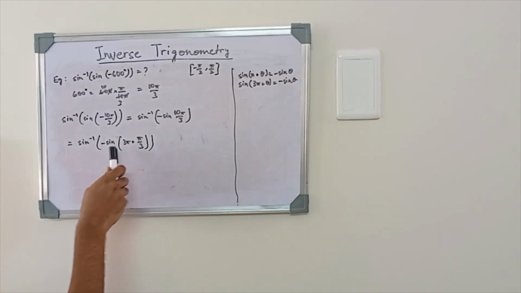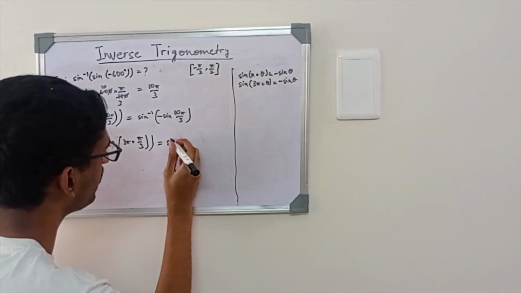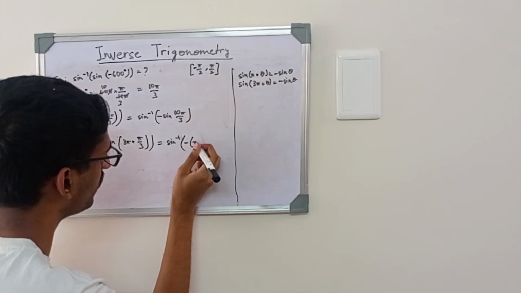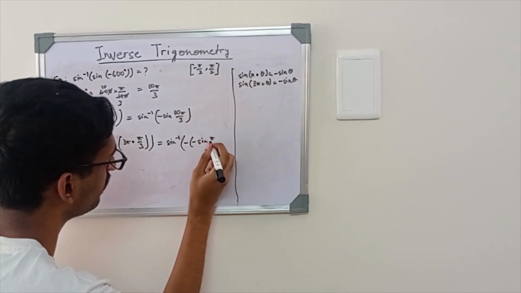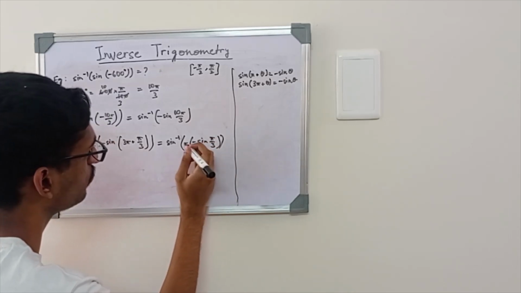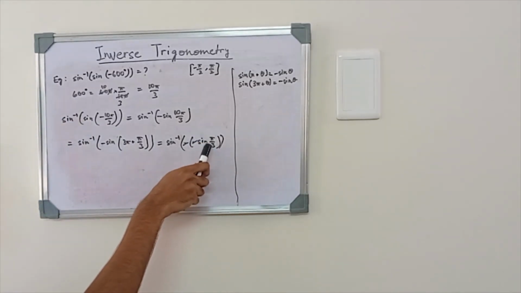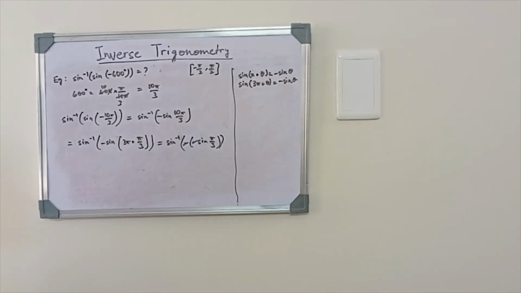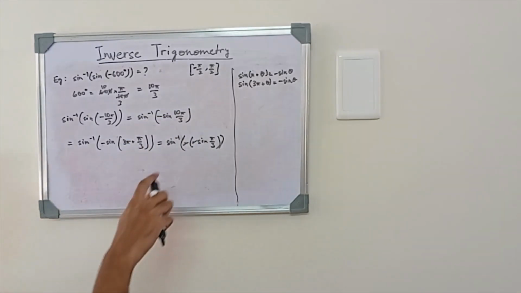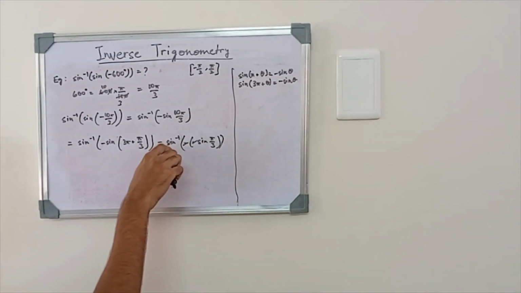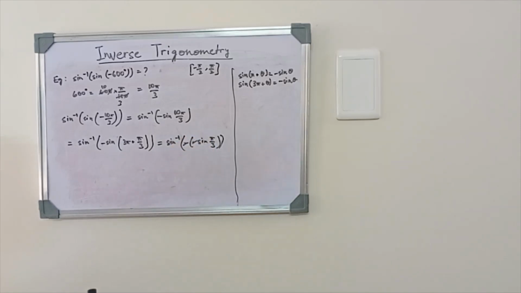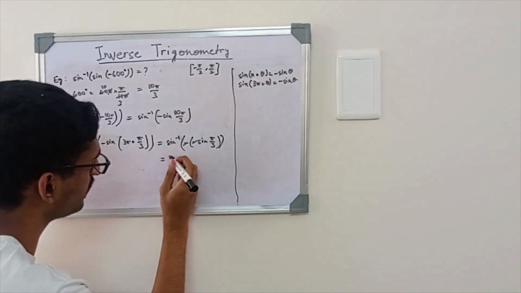This will become minus of sine theta. So we get sine inverse of minus of sine pi by 3. These two minus signs will cancel, and we are left with sine inverse of sine pi by 3. And pi by 3 is in this interval. So that means we can now cancel out the sine inverse and the sine and write the final answer as pi by 3.